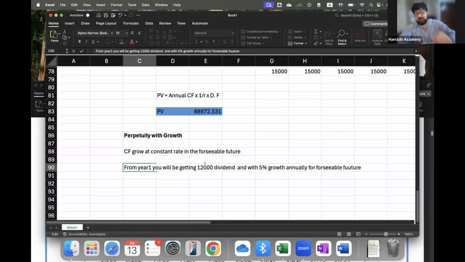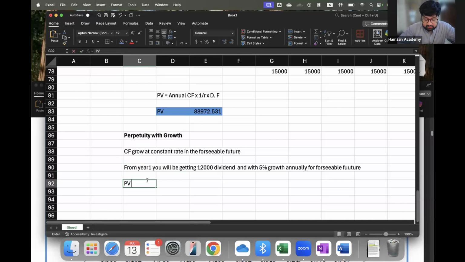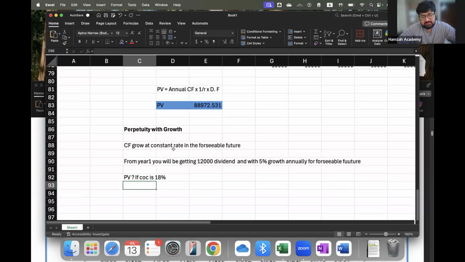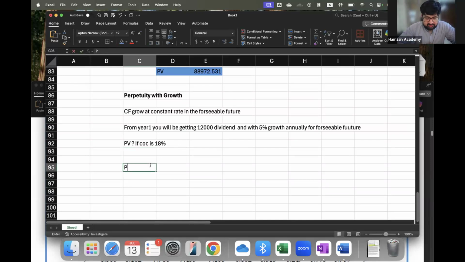For example, what is the present value if cost of capital is 18%? So present value can be calculated as CF1, cash flow in the first year of perpetuity, divided by R minus G, growth rate.